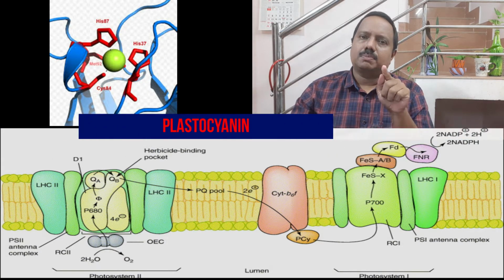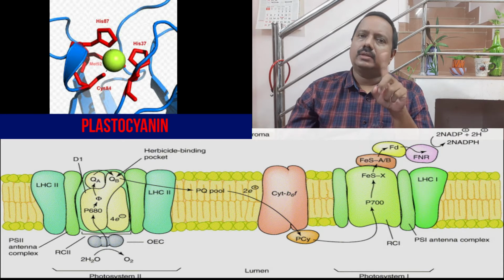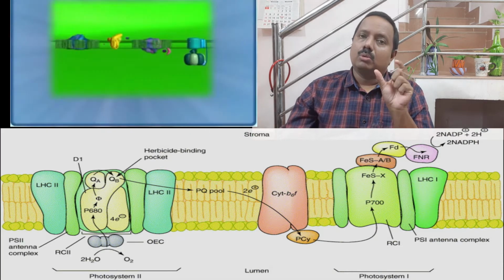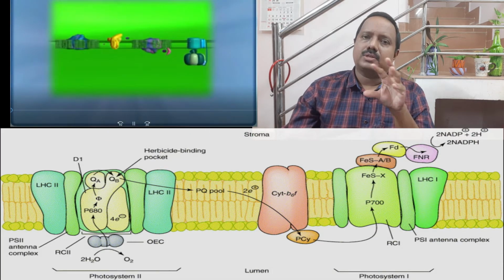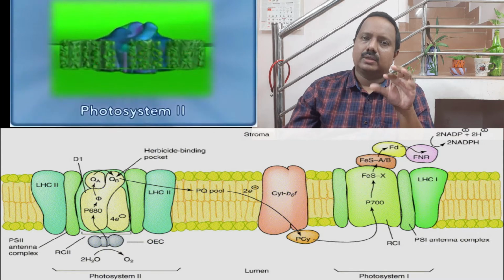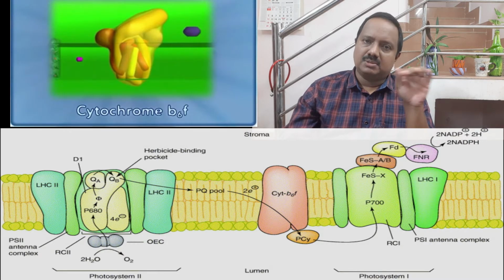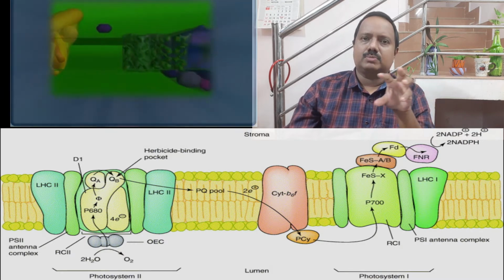One among them is the plastoquinone and the other is the plastocyanin. Both plastoquinone and plastocyanin are mobile. They can move along the membrane from one photosystem to the other. So there are two photosystems, photosystem 2 or P680 and photosystem 1 or P700, and there are two mobile units, plastoquinone and plastocyanin.